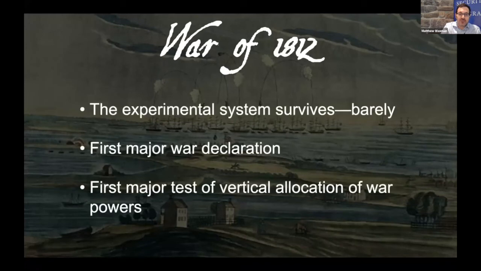I think there are really two aspects of the constitutional design that didn't work well, and I'd argue that the system of constitutional war powers almost catastrophically malfunctioned in the War of 1812. I'll mention two of those. The first is that this was our first congressional war declaration, but as I'll detail in lecture 2, which is about war initiation, the war declaration process didn't work well.